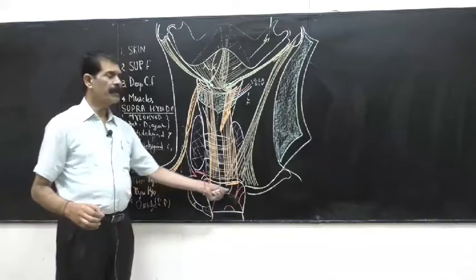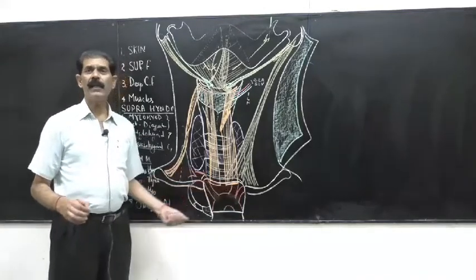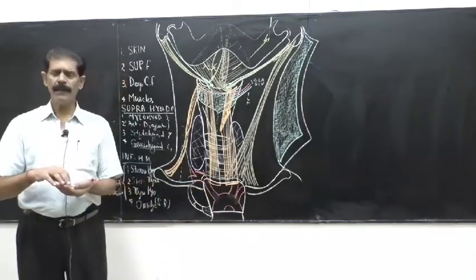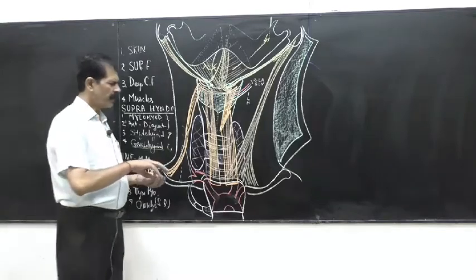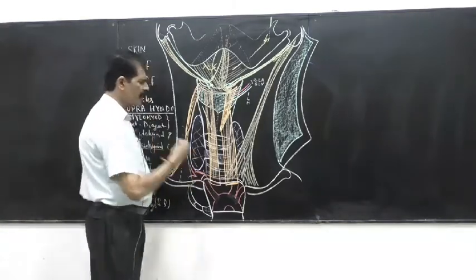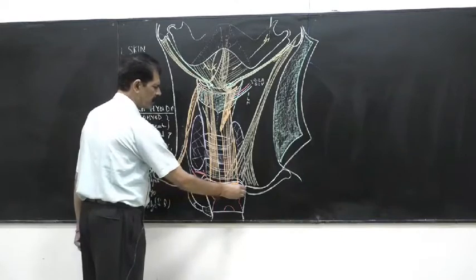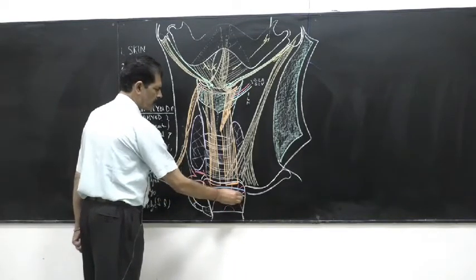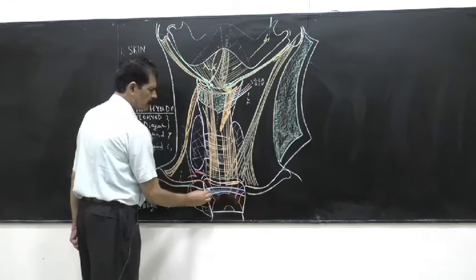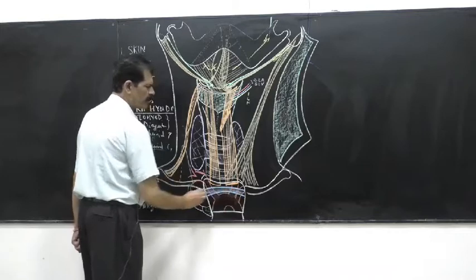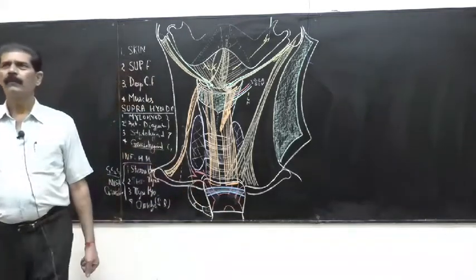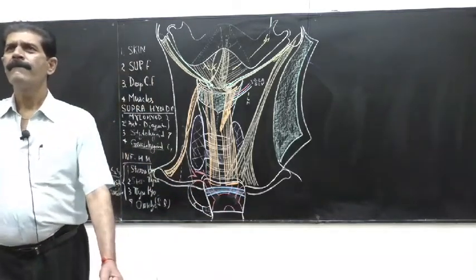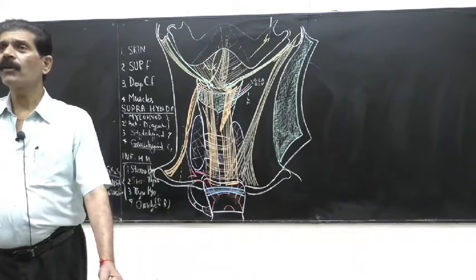And all these three branches anteriorly are crossed by what? What lies behind the manubrium sterni, in front of these three? Who is crossing it? Anybody? The left brachiocephalic vein.